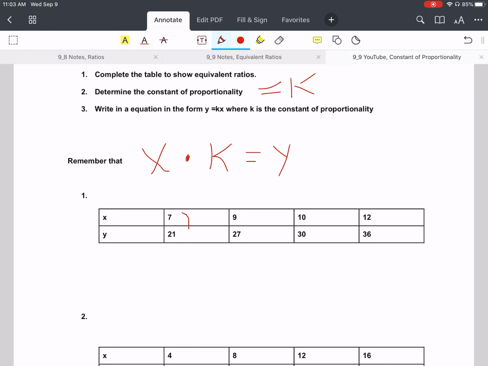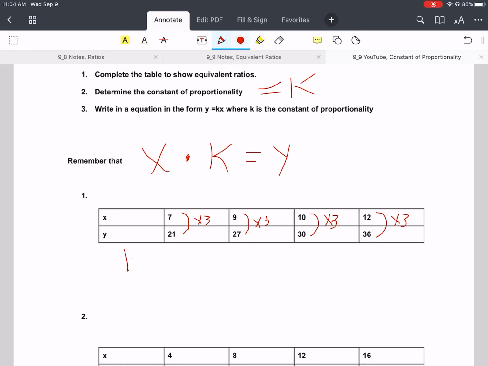Going from 7 to 21, we multiply by 3, or 9 to 27, 9 times 3 is 27, 10 times 3 is 30, and 12 times 3 is 36. So our constant that we can always use to find our y value is 3.